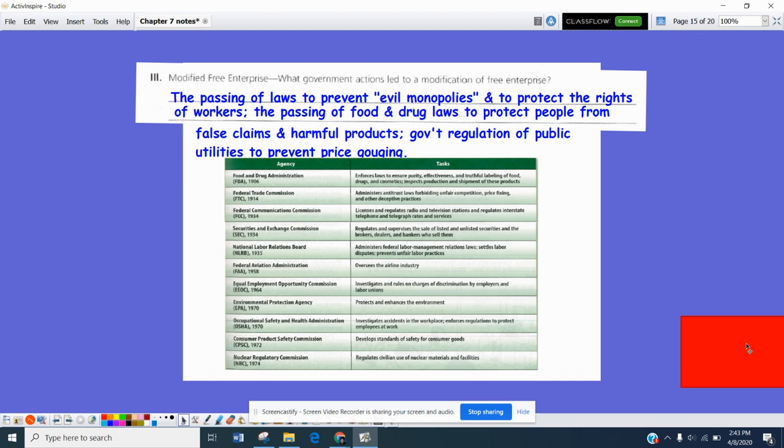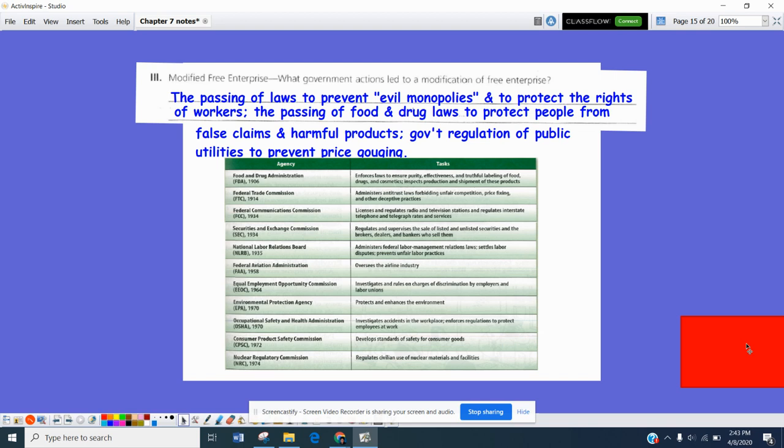The Federal Aviation Administration, they oversee the airline industry. The Equal Employment Opportunity Commission, this is coming out of really the Great Society of President Johnson's era of the 1960s, investigating charges of discrimination by employers and labor unions.